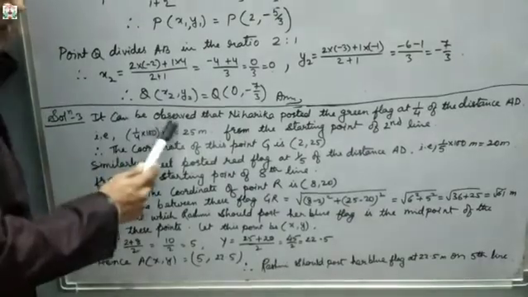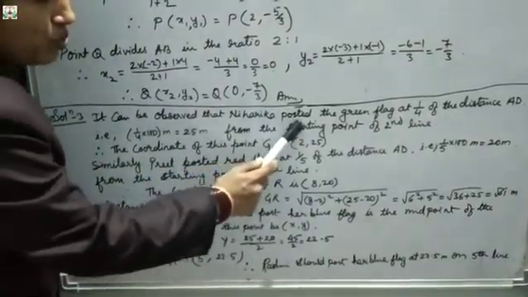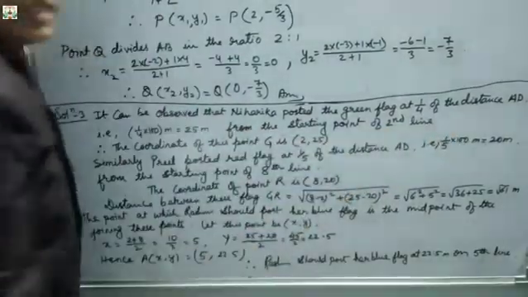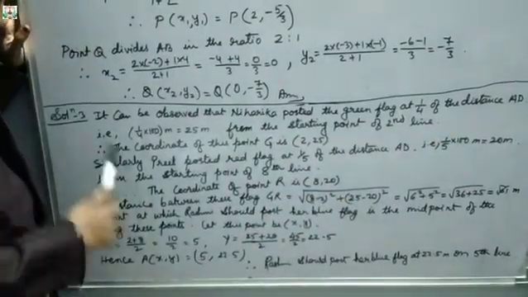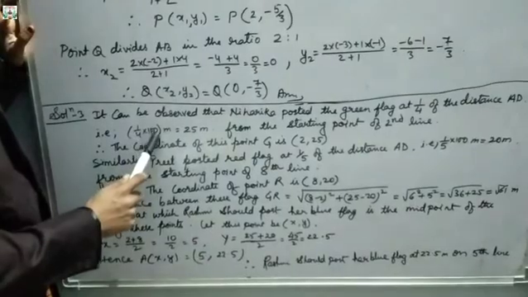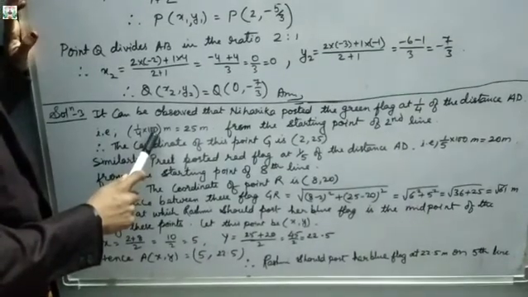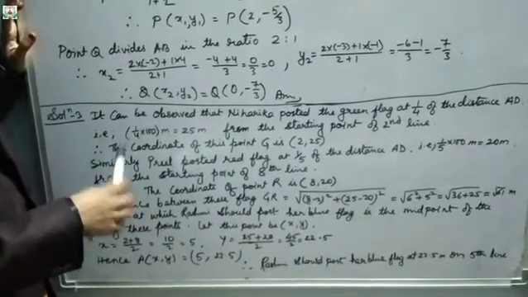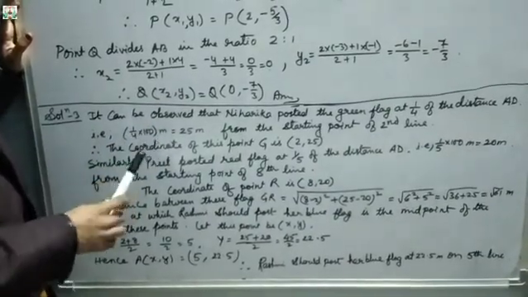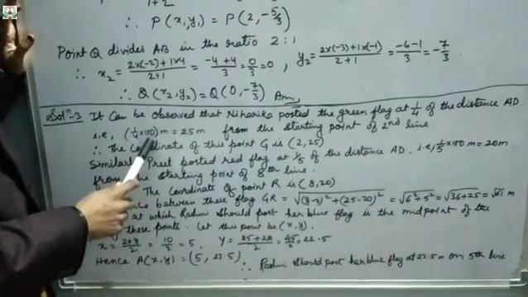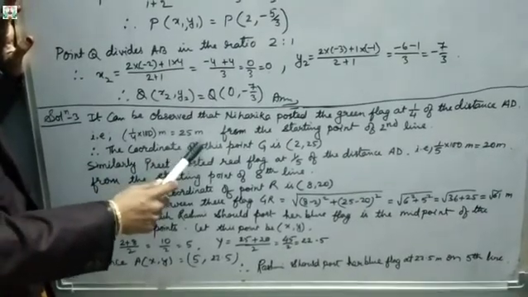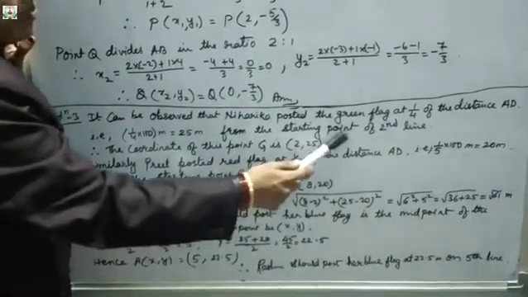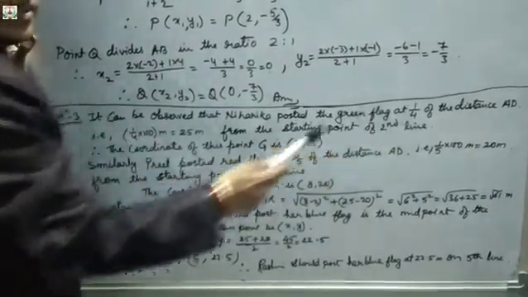It is observed that Niharika posted the green flag at 1/4 of the distance AD. It is given in the question. So that is 1/4 of 100, because the total number of flower pots was 100. So 1/4 of 100 equals 25 meter, from the starting point of the second line.